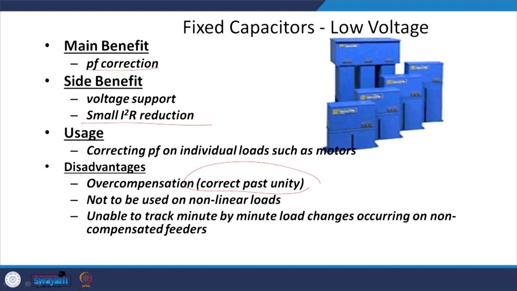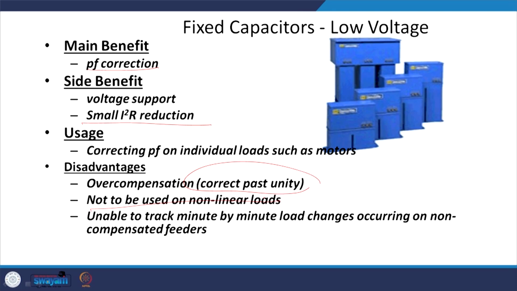If you have a fixed capacitor, it may overcompensate and you may have a capacitive bar. It is not to be used for the nonlinear load, because you may cause damage to the capacitor and may cause resonance, being unable to track minute by minute loading changes occurring on the nonlinear feeders. So, we require proper data to detune it, which is sometimes not possible, and thus you may lead to resonance.